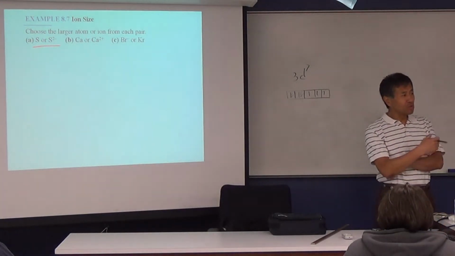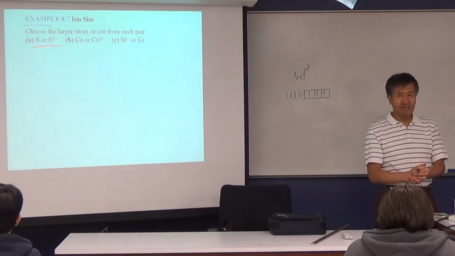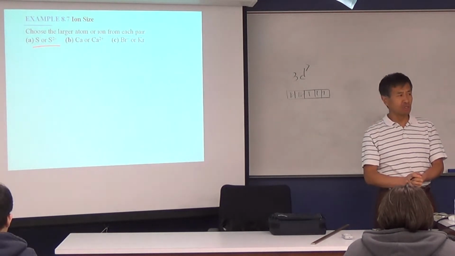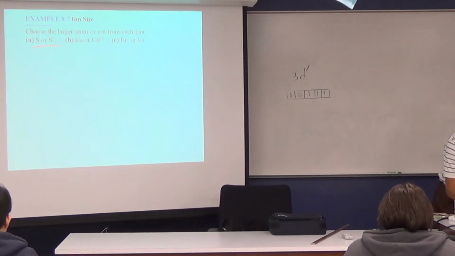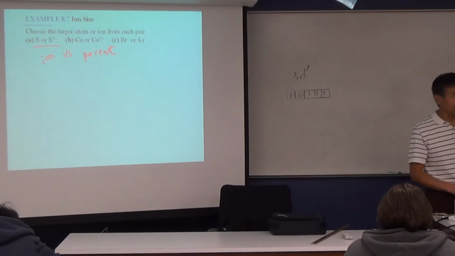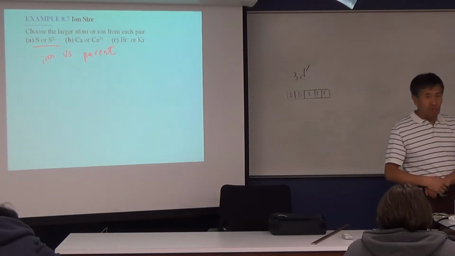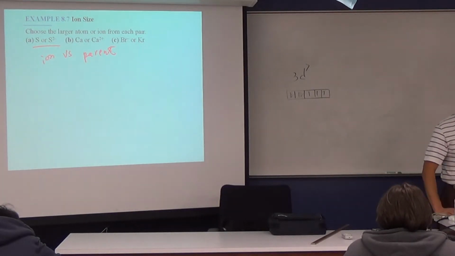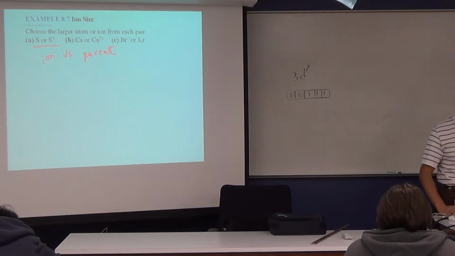You use the pattern of the ion with the parent, where the ion comes from. We know the anion is bigger than the parent because you're adding some electrons on. Therefore, you will circle the S2 negative.